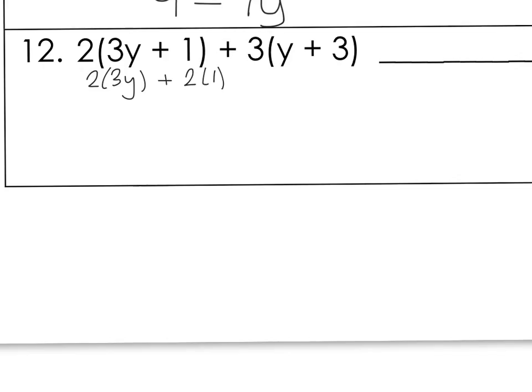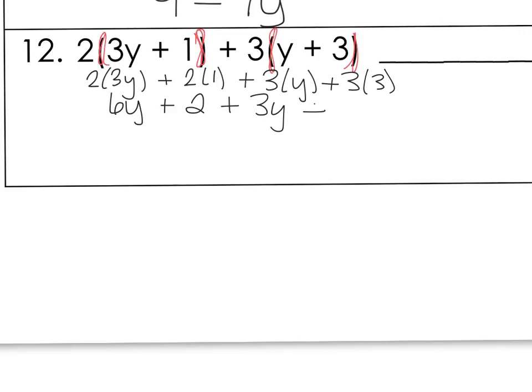Note, we are only going to distribute the 2 because it is outside of these parentheses right in here. Plus, well, now we have a new set of parentheses. So we'll take 3 times y plus 3 times 3. Only distribute what's exactly outside of the parentheses and inside the parentheses. So, 2 times 3y is 6y plus 2 plus 3y plus 9.